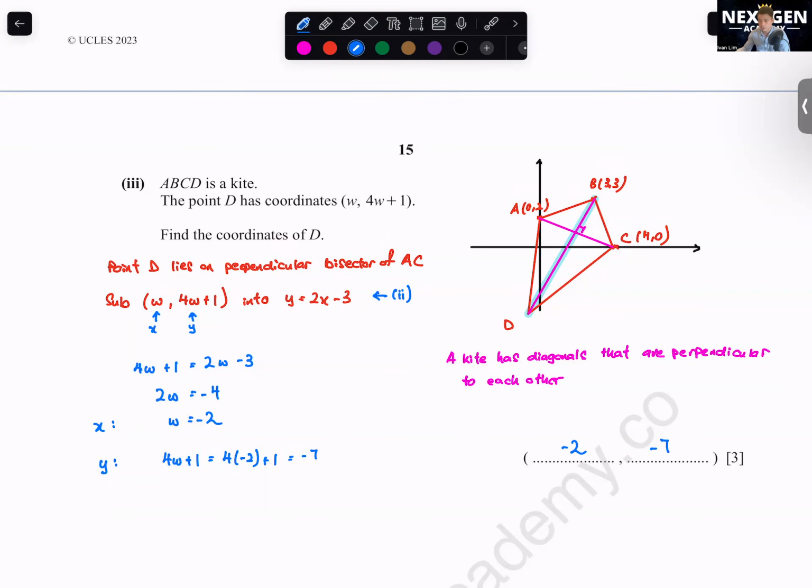Give me a 9 for question 9. After that, any more question? Okay, I think the rest should be okay, right? Okay, let's go to question 10.